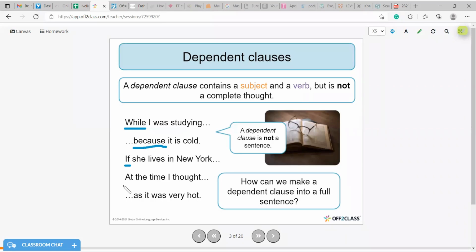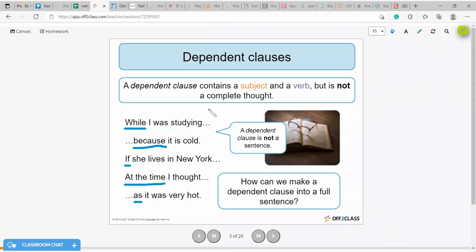There is some linking word which connects these incomplete thoughts to one or more other thoughts to make a full sentence. So the question here is, how can we make a dependent clause into a full sentence?